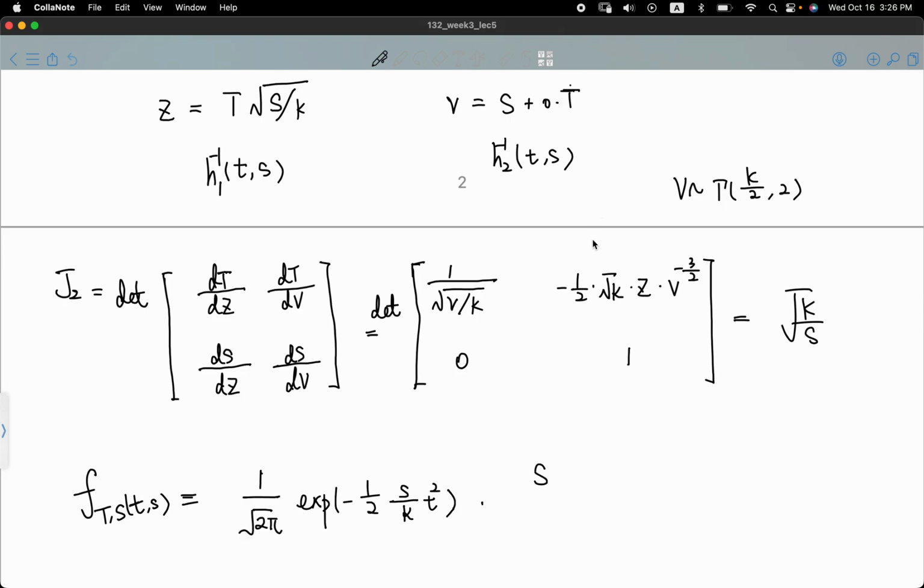So we're going to use v, after we change it to s, raised to the power of k over 2. This is your alpha minus 1. Okay, and then you will have exponential of negative s over beta. So beta is 2.